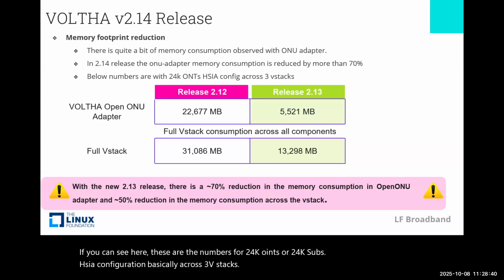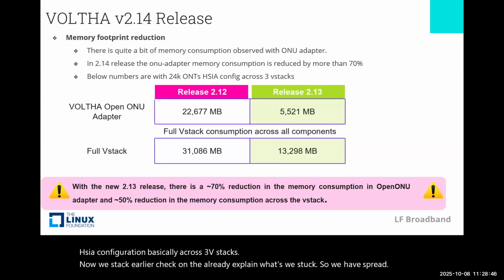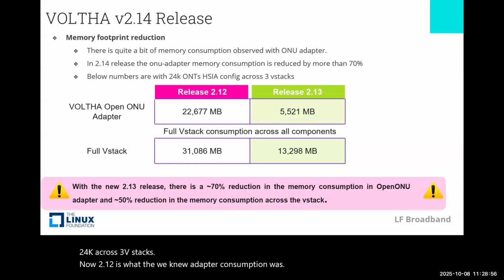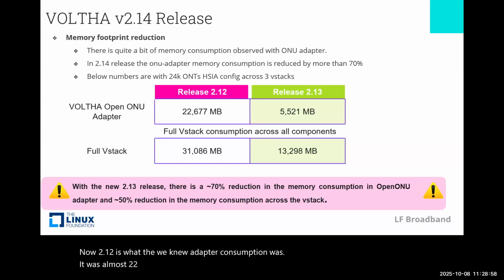VStack was already explained earlier. So we have spread 24K across 3 VStacks. In 2.12, the ONU adapter consumption was almost 22 gig for 24K. With 2.13, it's 5 gig only.